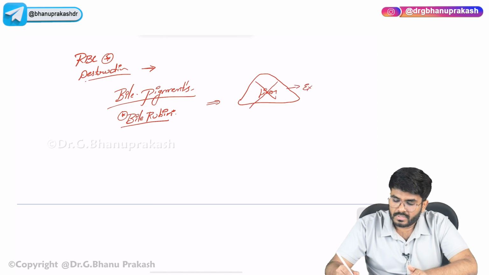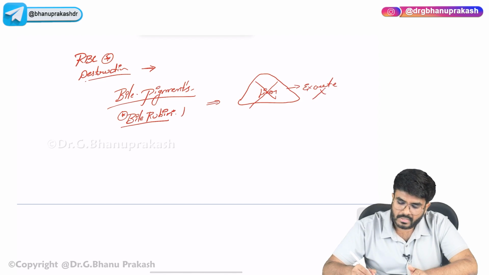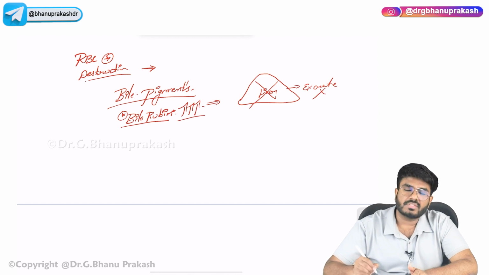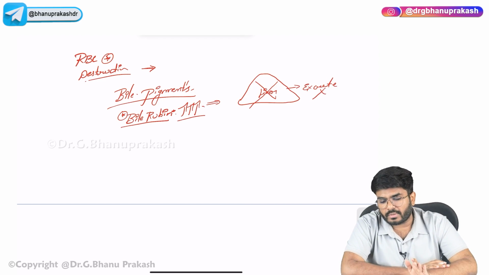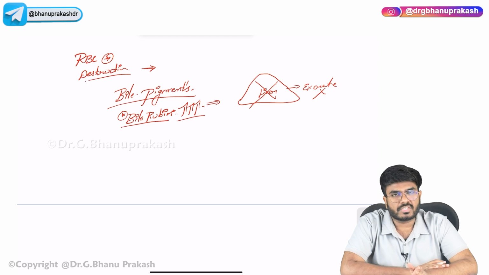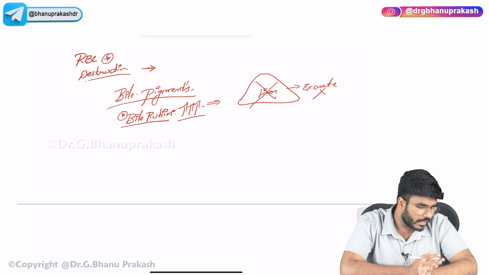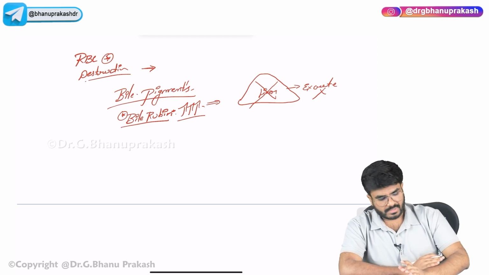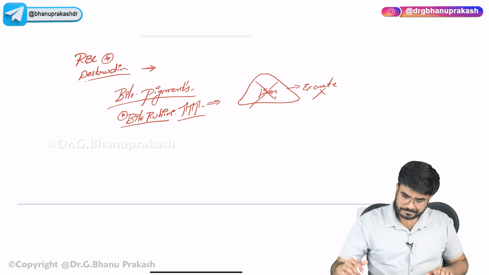So do you think excretion will happen? The excretion is not going to happen. If excretion is not happening, what happens to the bilirubin levels? The bilirubin levels are going to be elevated. So the patient is going to have liver damage and no excretion of bilirubin out of the body. This bilirubin will start to accumulate in the body, and that's what is causing the yellow color of the skin, the jaundice. These are some important points which I want you to know.